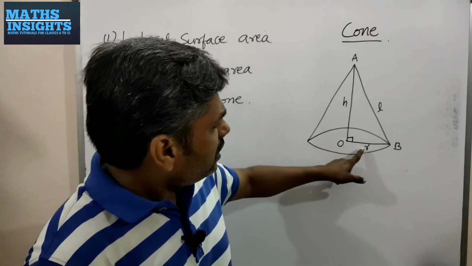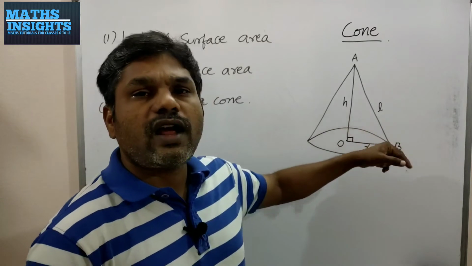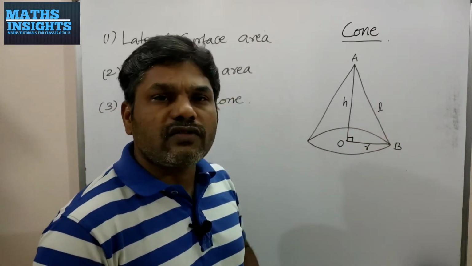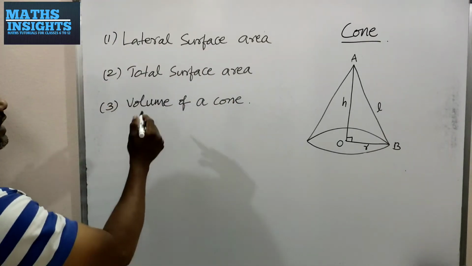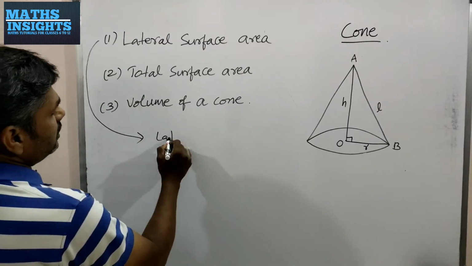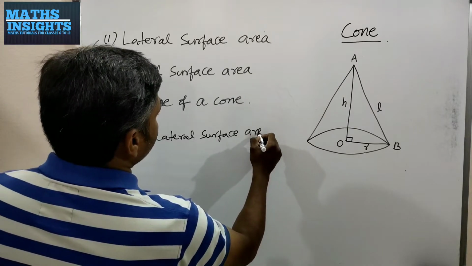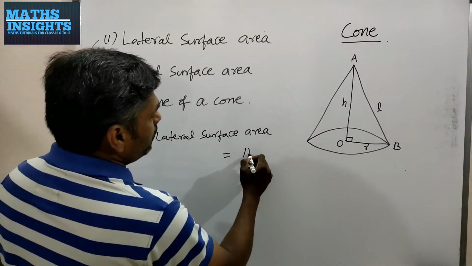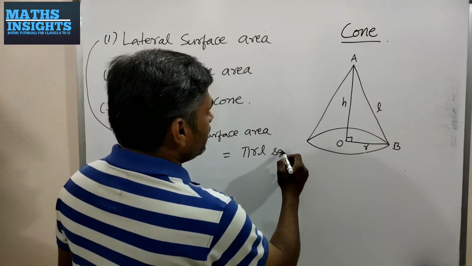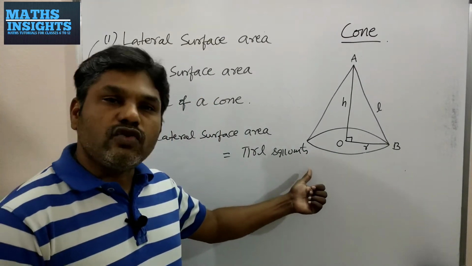If r, h, l, or radius, height and lateral height or slant height of a cone are given, then this lateral surface area is written, by using the formula, as lateral surface area equals pi r l square units. Why? Because area means there will be square units.